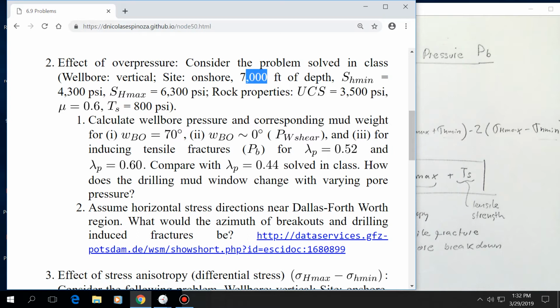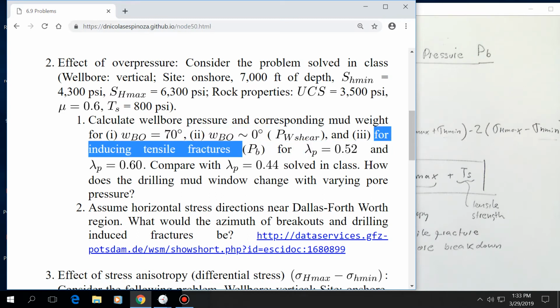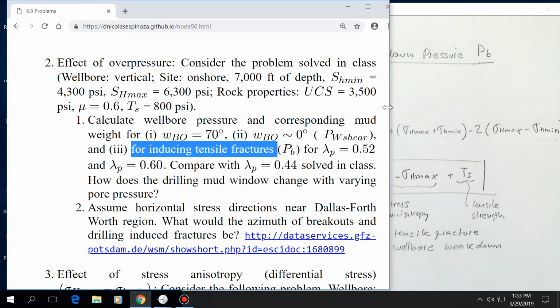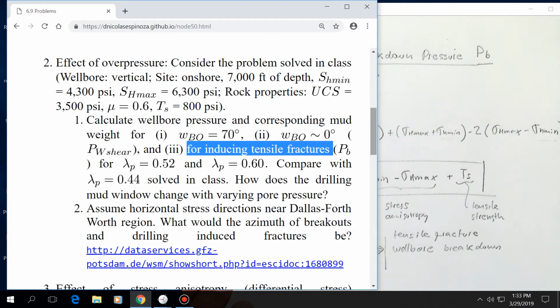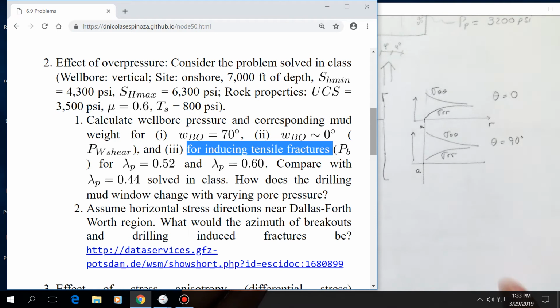I want you to tell me what is the breakdown pressure. Forget now about the first part, that's what is coming next about shear. But just tell me what will be the breakdown pressure for this wellbore with this parameter of overpressure with 0.52. No, first let's do it with 0.44. Okay, hydrostatic pore pressure. So let me write that down, but you already have some numbers there and you can start working, okay? I'm just going to copy in here what you have to do.